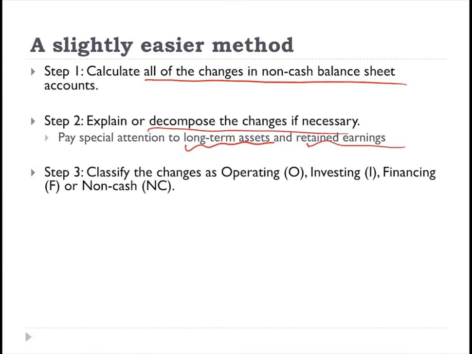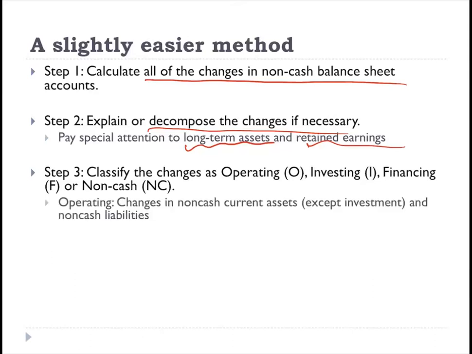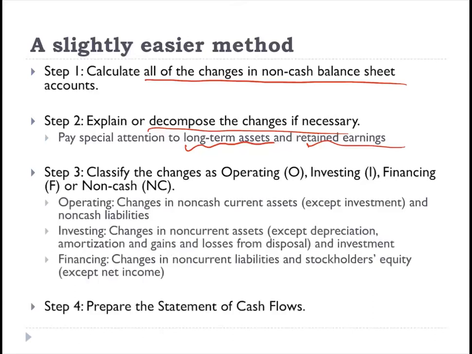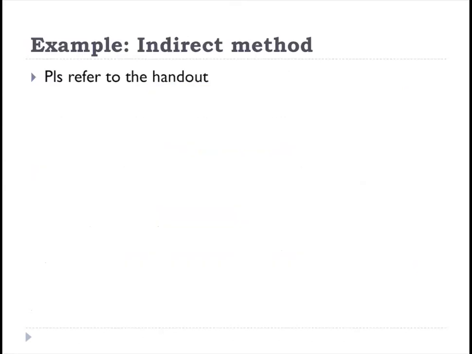The third step, classify the change as operating, investing, financing, or non-cash. And the last step, prepare the statement of cash flows. So in order to give you a more concrete idea of how we do this, let's look at an example.